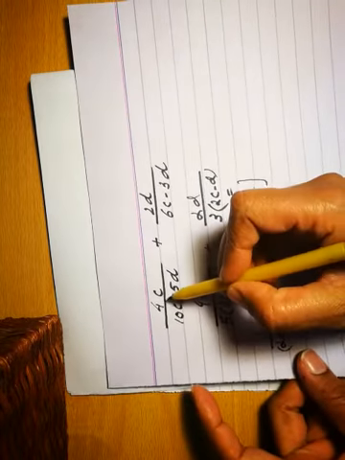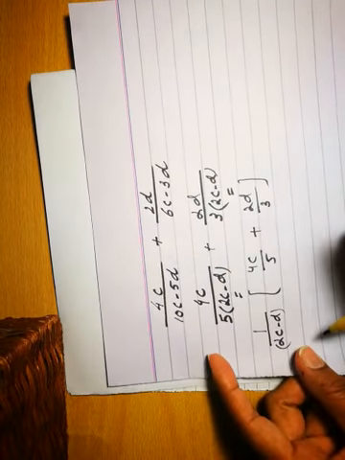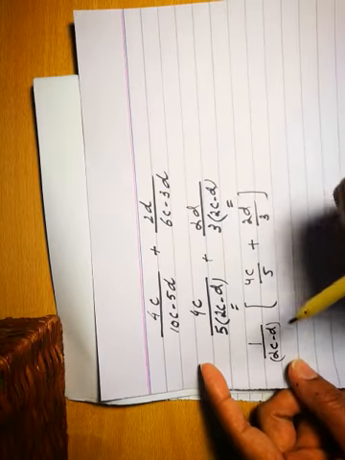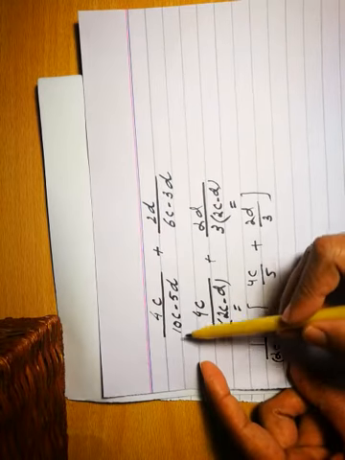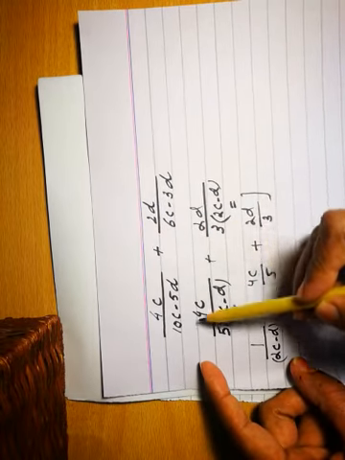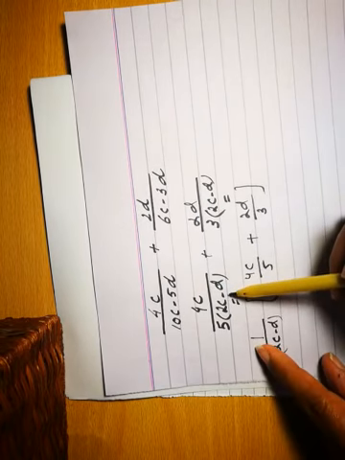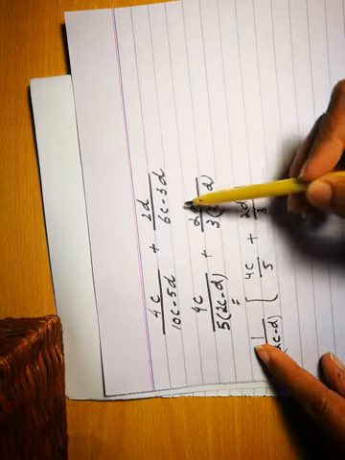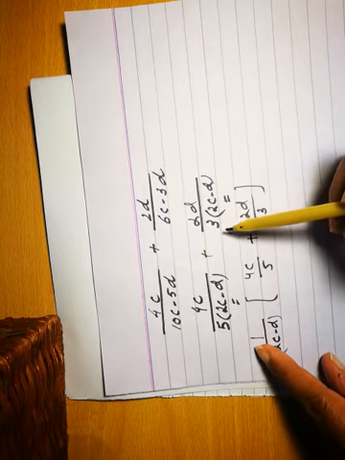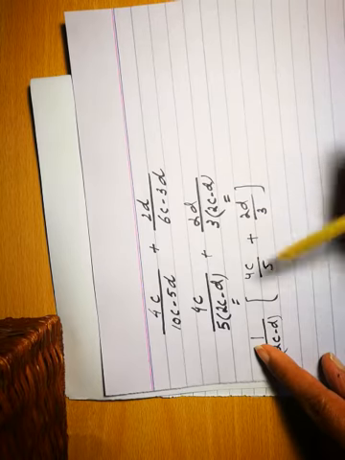If I am having 4c over 10c minus 5d plus 2d over 6c minus 3d. See, before I started it, I just thought about it that if I'm going to take 5 common from this, I'll be left with 2c minus d. Same is the case here. If by taking 3 common, I'll be left with 2c minus d.